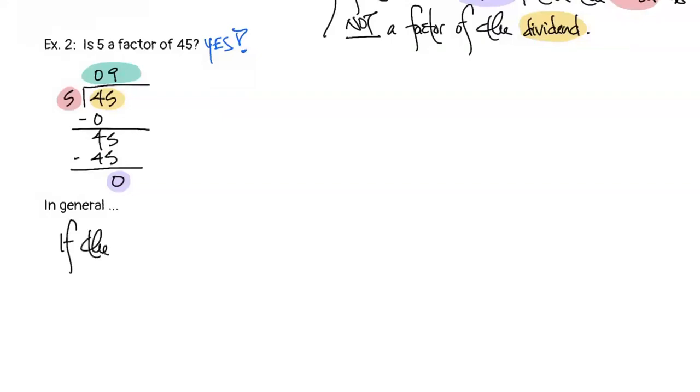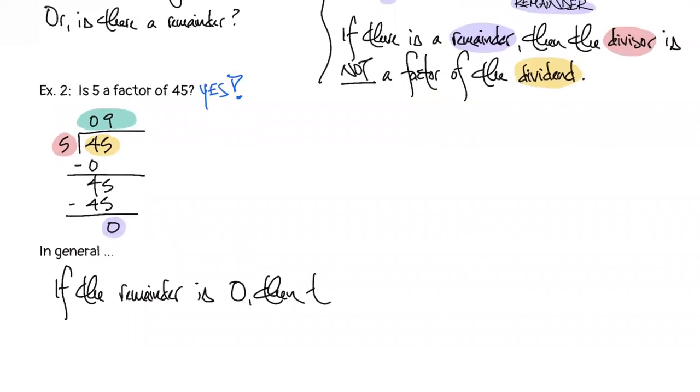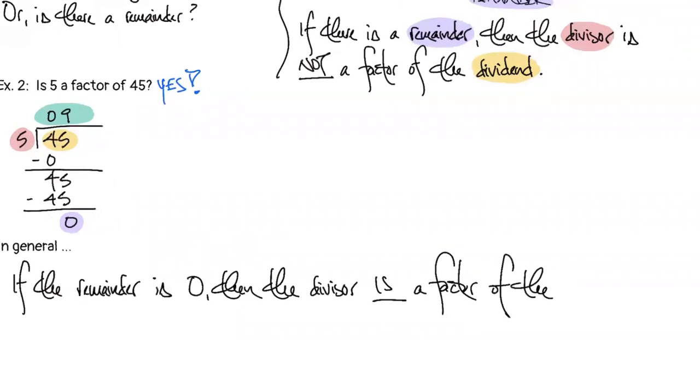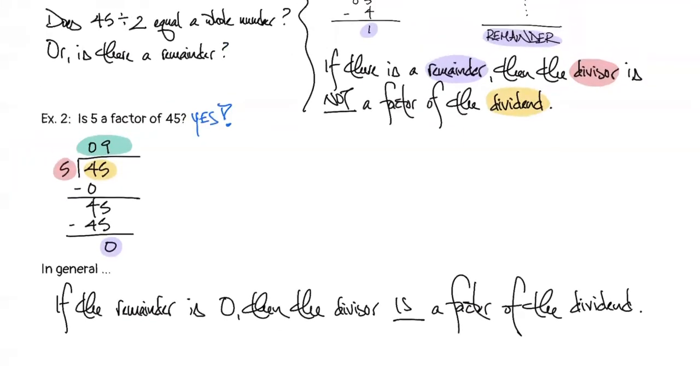If the remainder is 0, then the divisor is a factor of the dividend. Right? So we're modifying our statement from above.